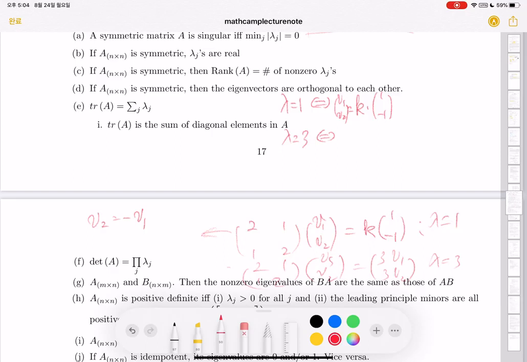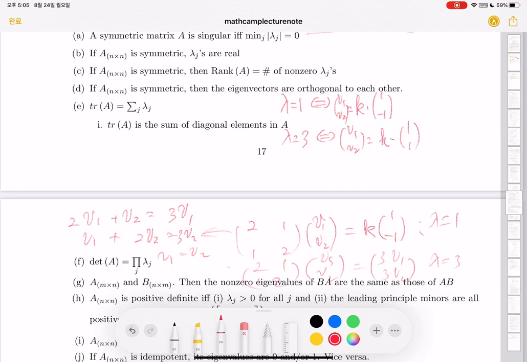For lambda is 3, here we have 2 v1 plus v2 is 3 v1, and v1 plus 2 v2 is 3 v2. So v1 is v2, right? So for this one, v1, v2 is k times 1 and 1.